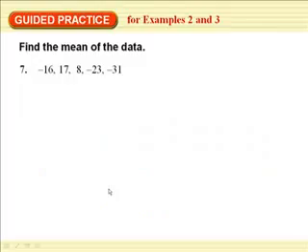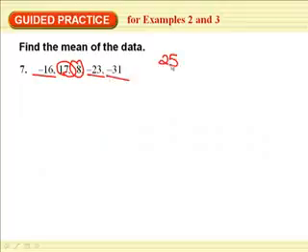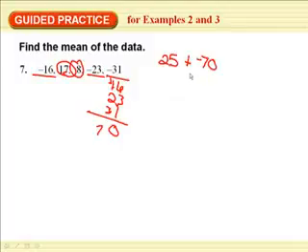Alright. Find the mean of the data. So now we got some negatives to deal with. So I'm going to add the positives to the positives and add the negatives up and then add those. So I have 25 positives. I have 16, 23, 31 negatives, 70. So plus negative 70. So remember in adding, when the signs are different, 25 of these cancel, so that's subtraction.